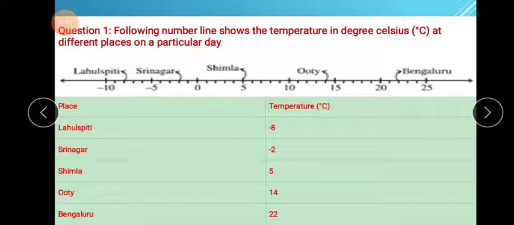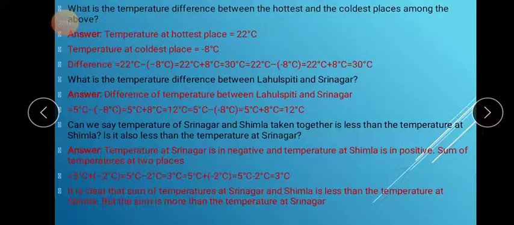So let us see question number 2 of question number 1. What is the temperature difference between the hottest and the coldest place among the above? So what is the difference? Temperature difference means the hottest minus the coldest.